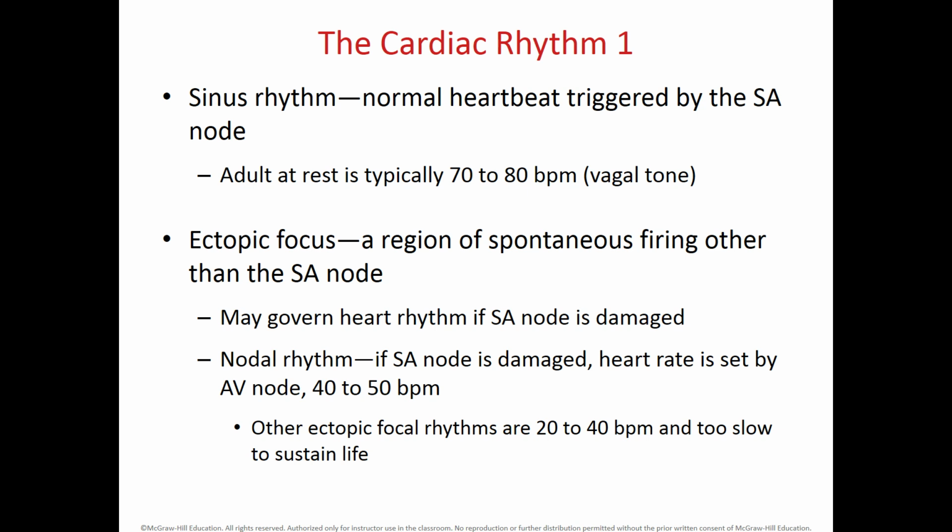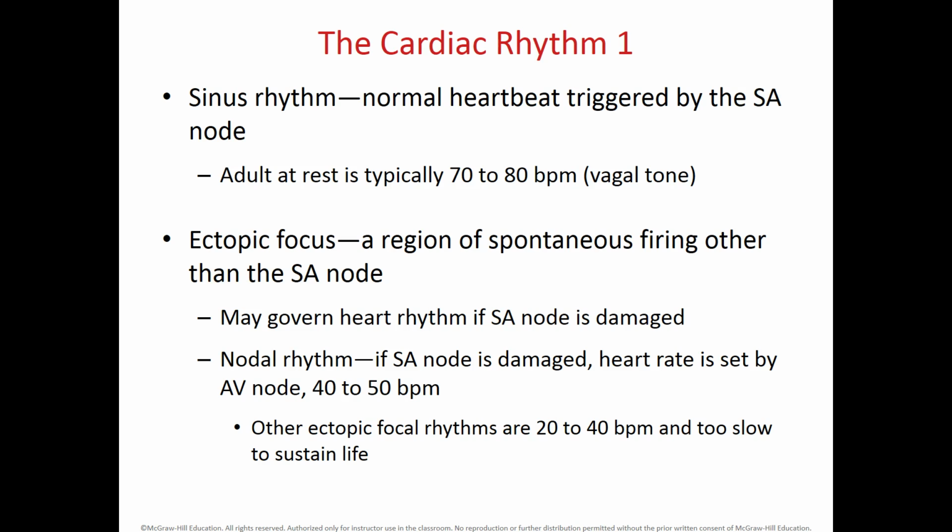And then if you have damage of the AV node, then the AV bundle, the bundle branches, or even the Purkinje fibers can take over for the contraction of the muscle of the heart. But every time you go down the ladder of this conducting system, you have fewer and fewer beats per minute.